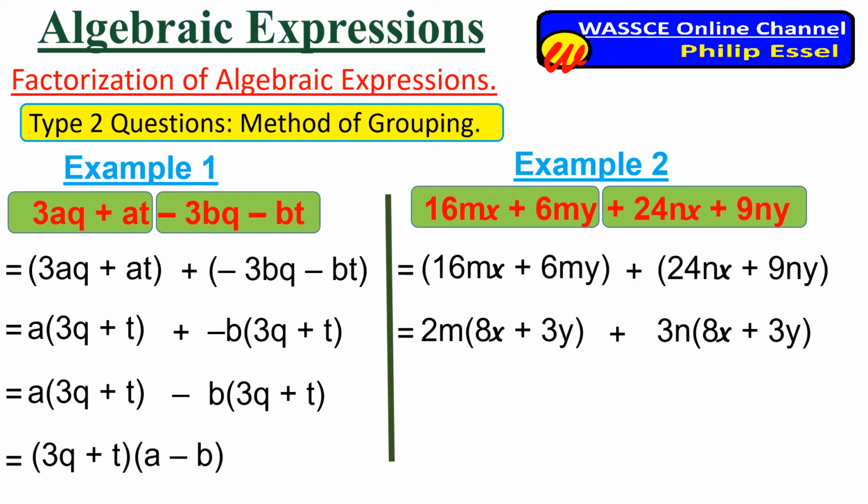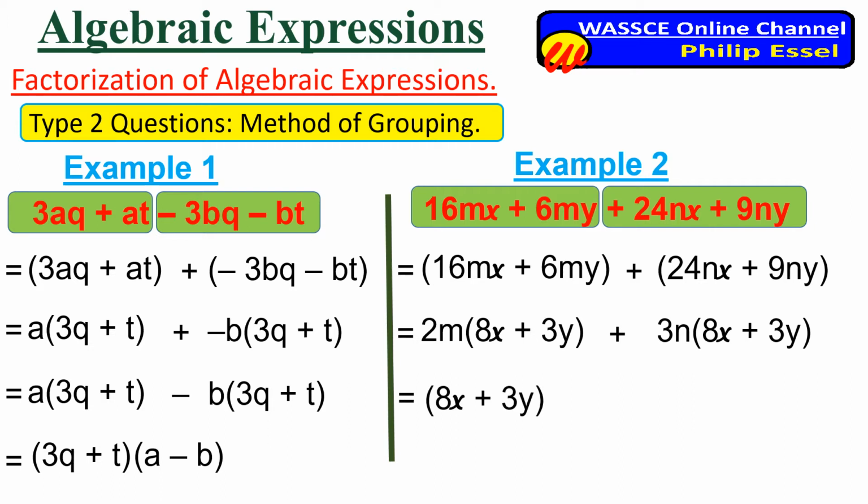You would also realize that the two terms have something in common, which is the common factor: the item 8x plus 3y, all in bracket. You can find it in the left term, and you can also find it in the right term. So it means that we can factorize that item out. Let's quickly do that.